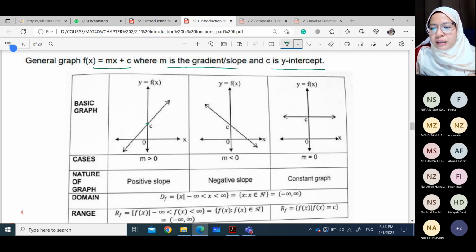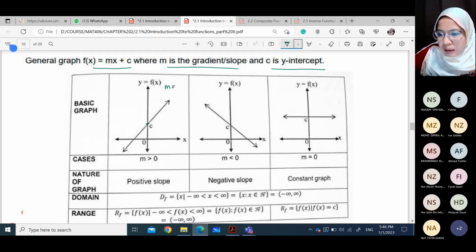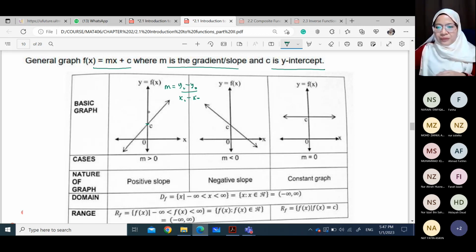Untuk slope, slope ini adalah kecerunan. So, cara nak cari slope, so m, it is equivalent with Y1 minus Y0, ataupun Y2 minus Y1, boleh juga. Y1 minus Y0 over X1 minus X0. Itu adalah slope. Okay, mana dapat Y1, Y0, X1, X0? You boleh ambil mana-mana titik.